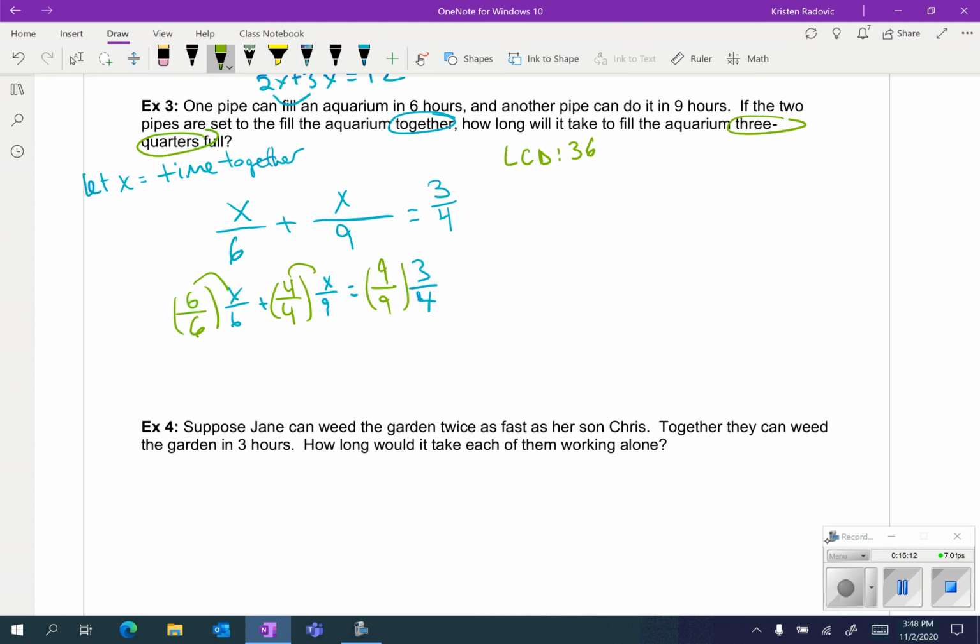You multiply everything together, and you're going to get 6x over 36 plus 4x over 36 is equal to 27 over 36. From there, you're going to drop the denominators.